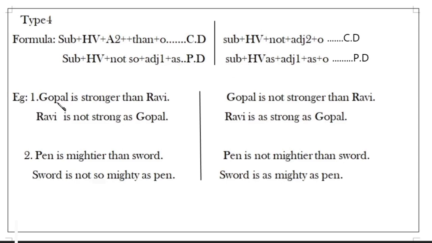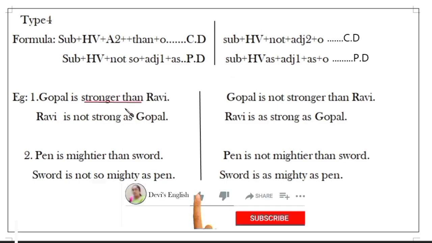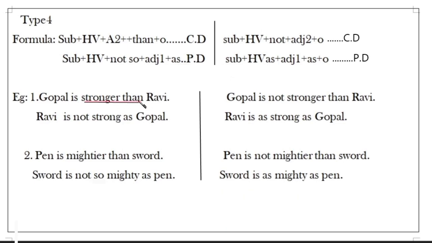According to that structure, follow it in the example here. Gopal is stronger than Ravi. In this sentence there are only two nouns, and between them we use the comparison stronger than. It is in positive form, but it is in comparative degree because there is a comparison between two nouns.